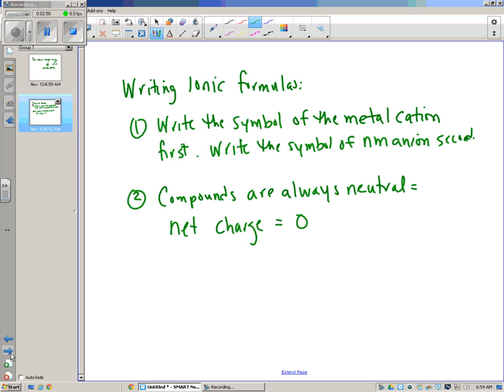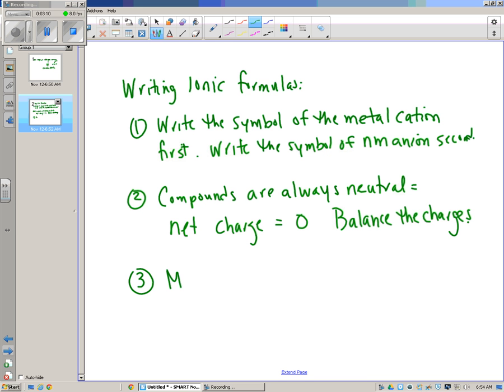So you need to balance the charges so that the charges then equal 0. There are two ways to do that. One is just to balance the charges. The second is to actually use a new method called the crisscross method, which I'll show you in a minute.